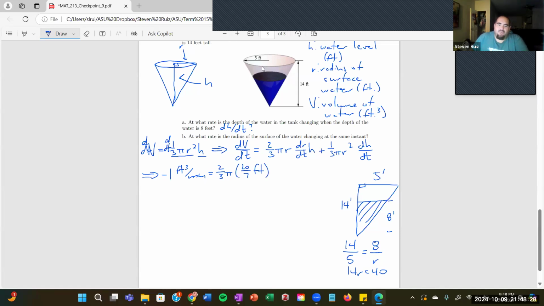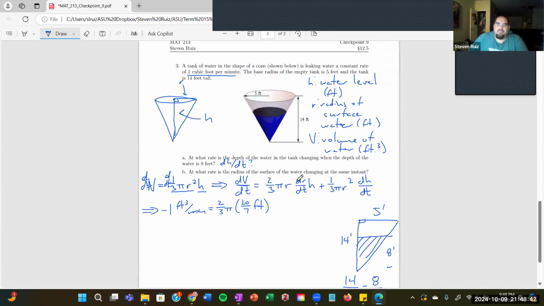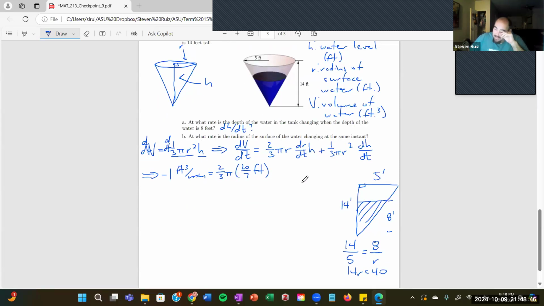Okay, that was a long way to get to the radius, but we had to get there using similar triangles. Moving on. What is dr/dt? Is that something I knew? No, we didn't, but here's what we can do. We can also use that similar triangle information. What do we know about the ratio of the radius to the height?